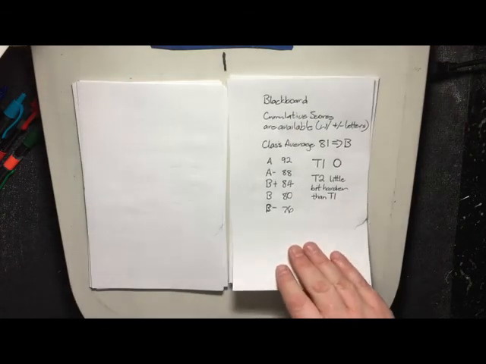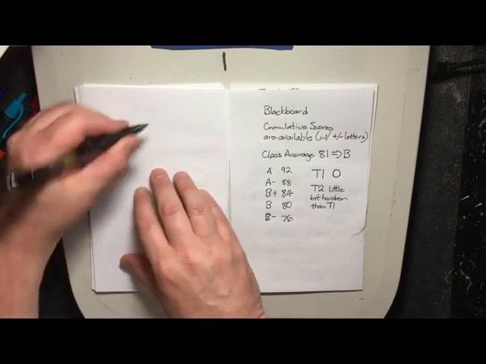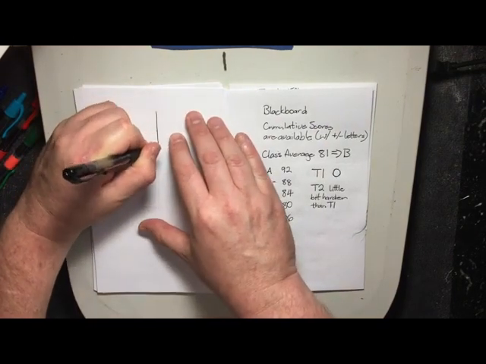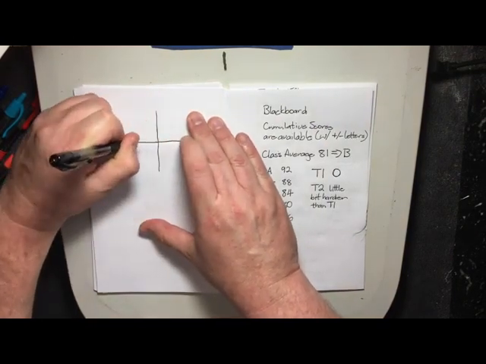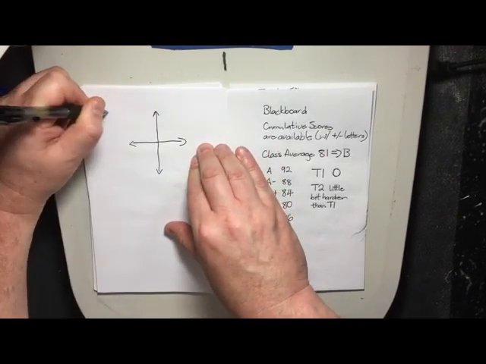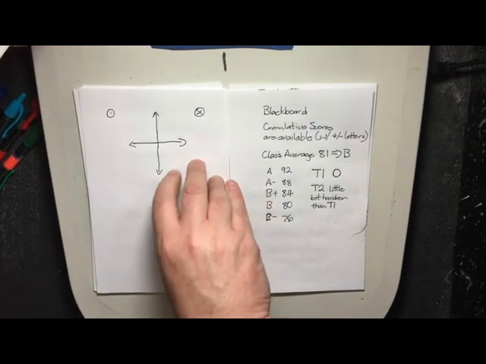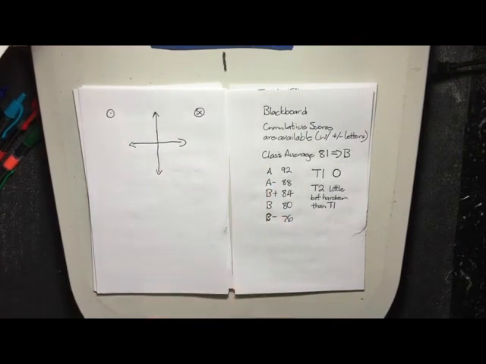So first, we're going to do a quick example. I'm going to draw on the overhead a right-hand rule game. I want you to write this down on your sheet of paper. Then I'm going to take this sheet away, and I want you to do the test that I give you on the board.